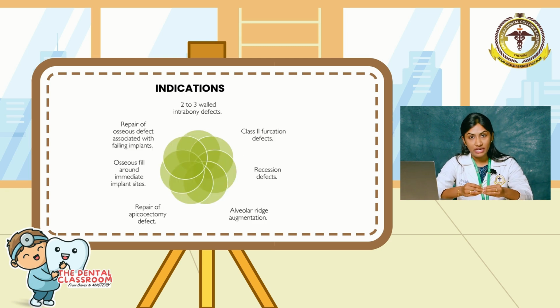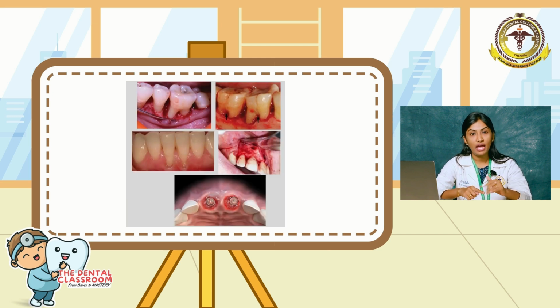The clinical indications of regenerative techniques are 2 to 3 walled infra-bony defects, recession defects, furcation defects, or pre-prosthetic procedures like ridge augmentation or peri-implant bone defects. These are the ideal indications of periodontal regeneration.